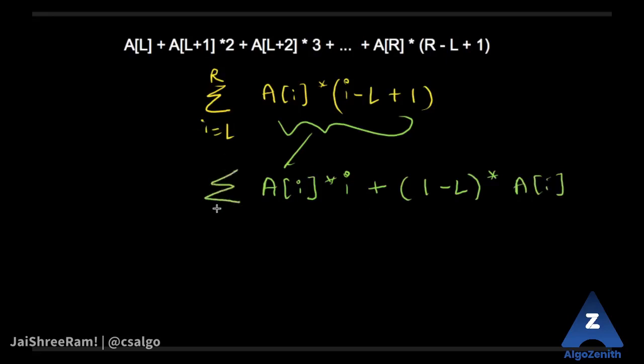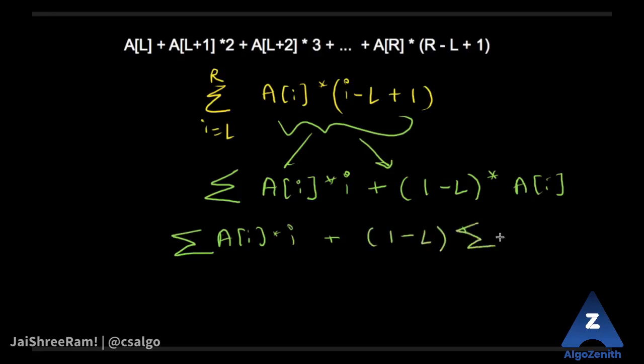From now on, we assume that this summation is from I equal to L to R. Now we distribute this summation over these two terms, and we can write it as summation of A of I times I, plus 1 minus L, which is constant with respect to I, so we can write it outside the summation.